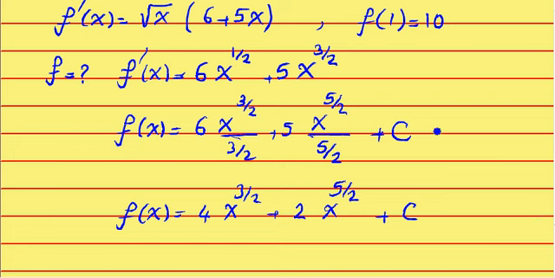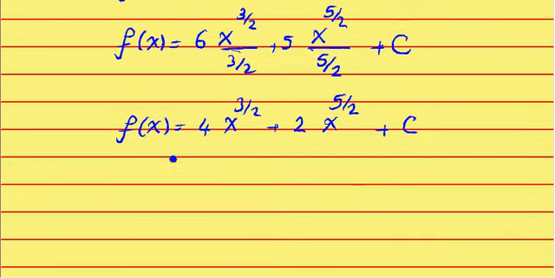The only thing that hasn't been determined is c, and f of 1 has been set at 10. Initial conditions are usually specified at 0 to imitate physical situations where time starts at 0 or your experiment starts at 0, but it doesn't have to be. It could be given at any location. For example, here f of 1 is given.